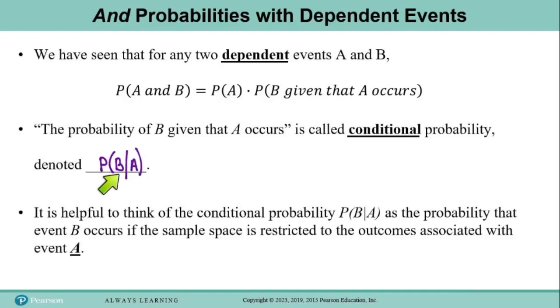Now you might be thinking that in order to calculate this value, the probability of B given that A occurs, we might have to rearrange our formula.